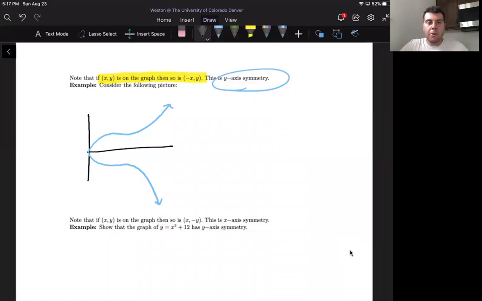And this picture is going to admit x-axis symmetry, since if we fold the graph across the x-axis, it looks exactly the same. And we can always do a similar check as well, where in this case, if we have x, y on the graph, then so is x comma negative y.